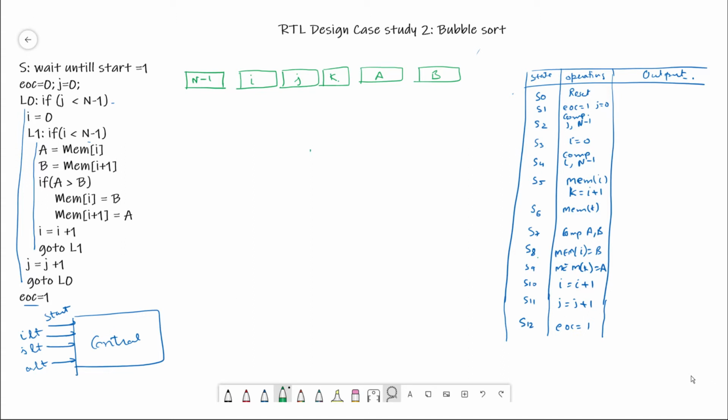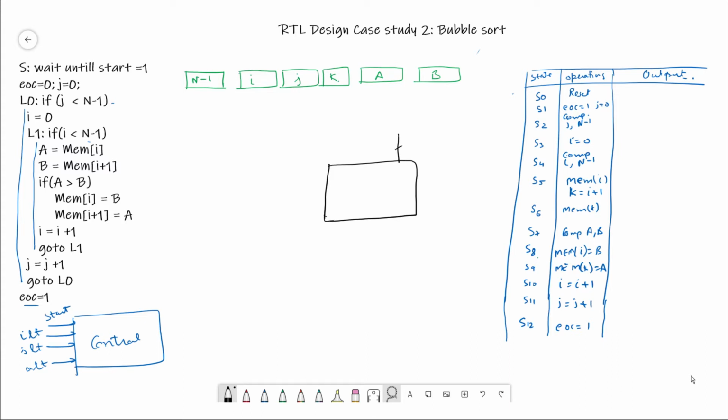We need to have a memory. So let's say we put memory in black. We require a memory unit. In the memory unit there would be 3 signals.